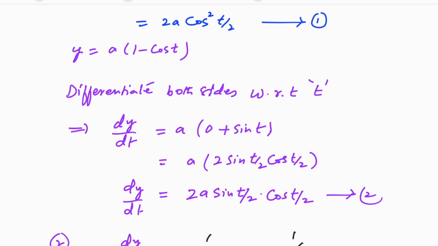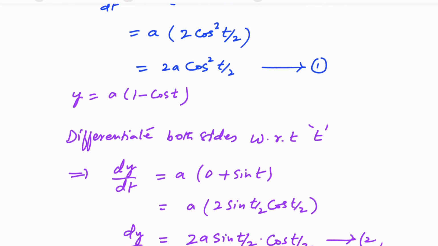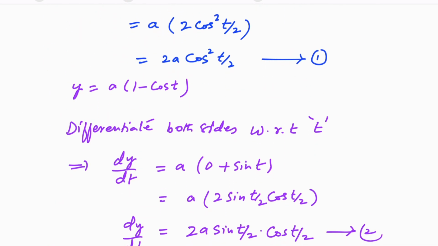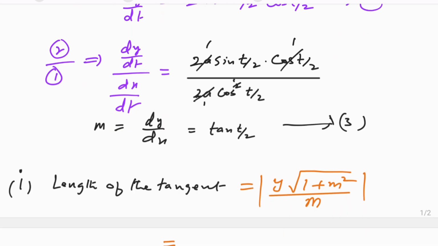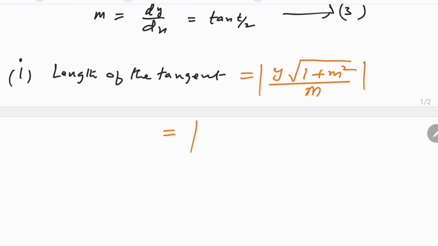In the given equation, y is given as a(1 − cos t). We shall write that in place of y, and in place of m, we got just now tan t/2.